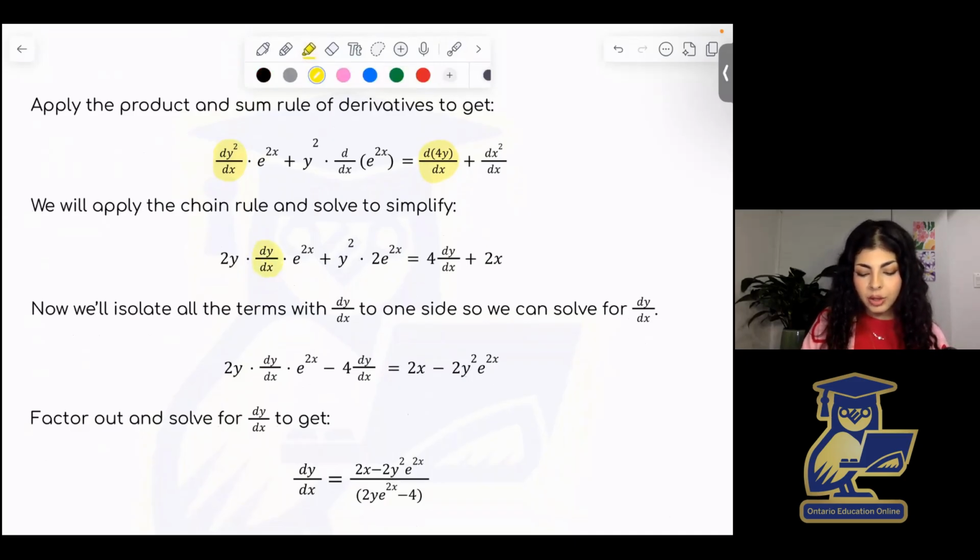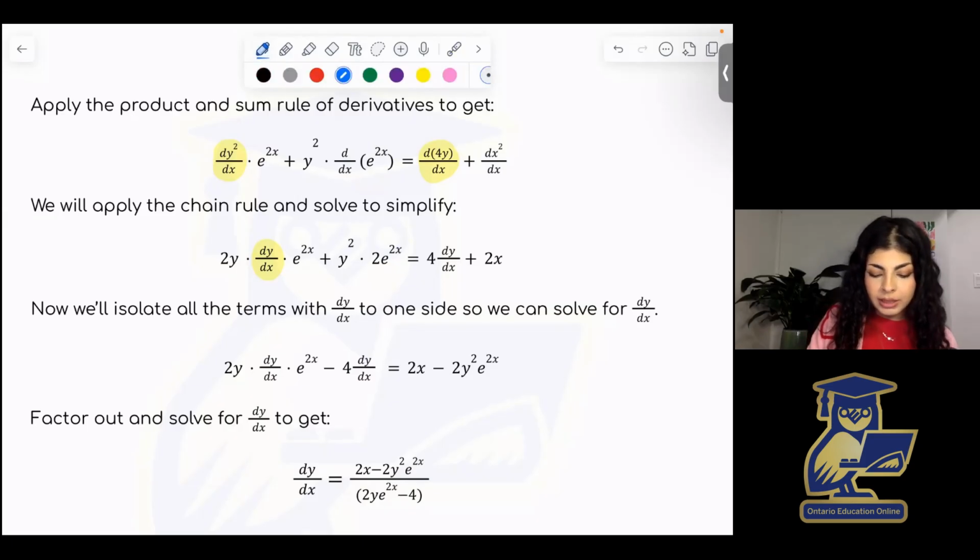And this is now that term we're looking for. And the e to the power 2x, I just keep, it just was being multiplied there, so it stays there. And here, I actually have a chain rule as well because we have e to the power 2x. So we do have that e to the power 2x based on the derivative of exponential functions, and then the derivative of the exponent itself.